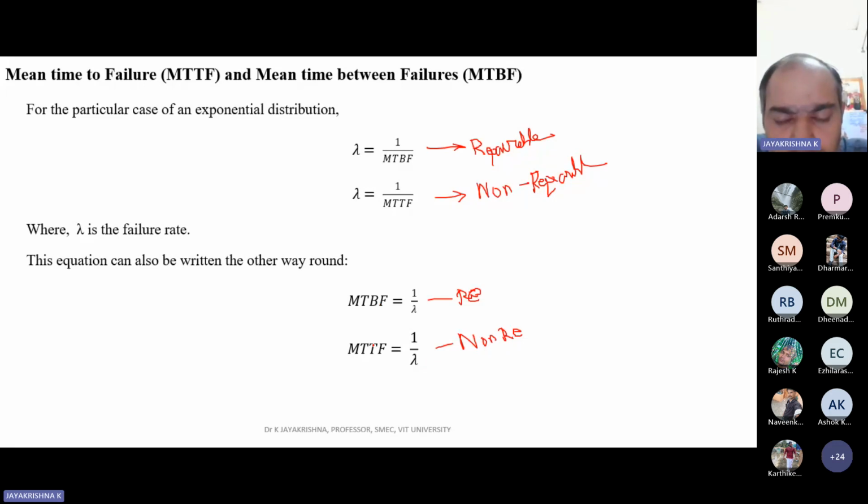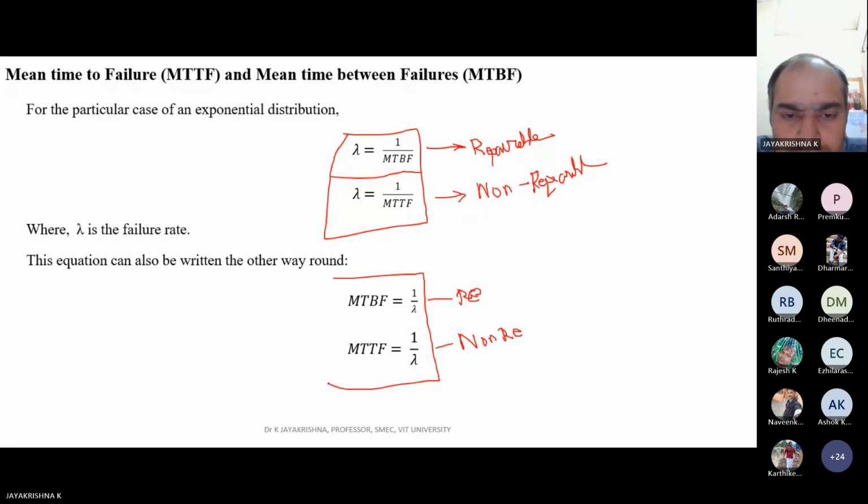Just remember which is for repairable and which is for non-repairable. Done? Okay, good. I hope you copied these formulas.